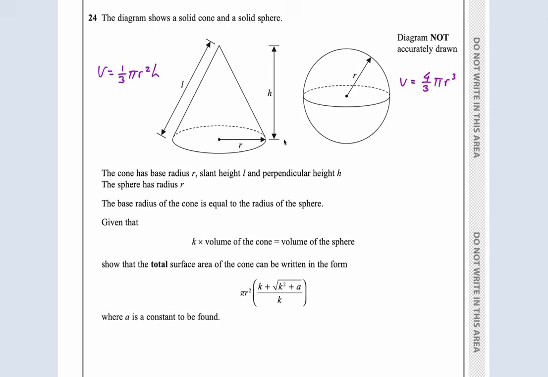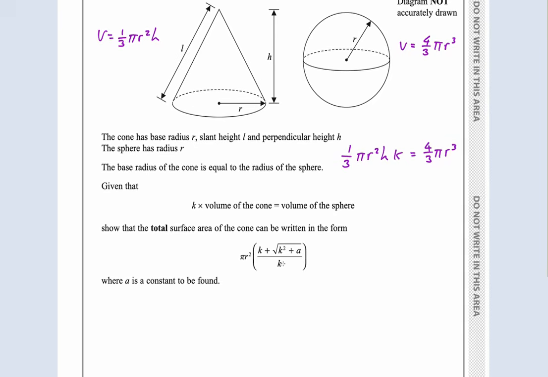Okay, now we're told that this times k is equal to this. So that means that a third pi r squared h times k is equal to 4 over 3 pi r cubed. And then he says, show that the total surface area of the cone can be written in this form.